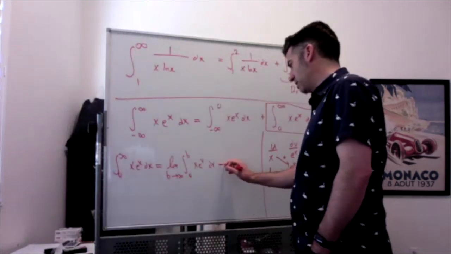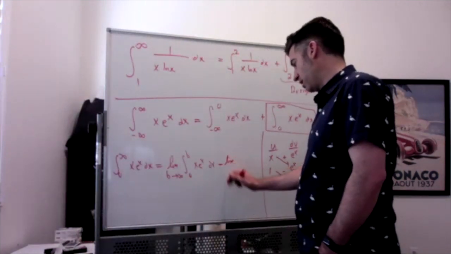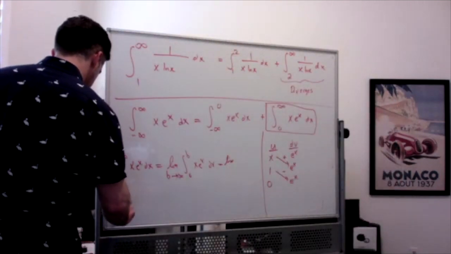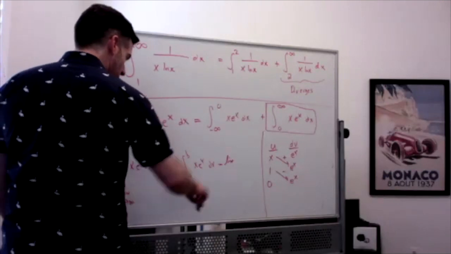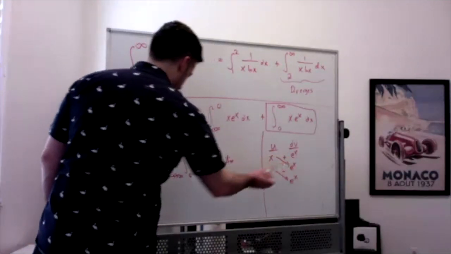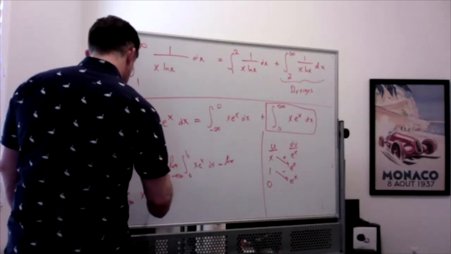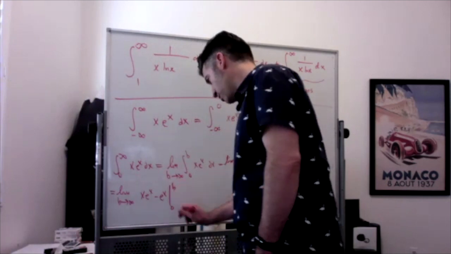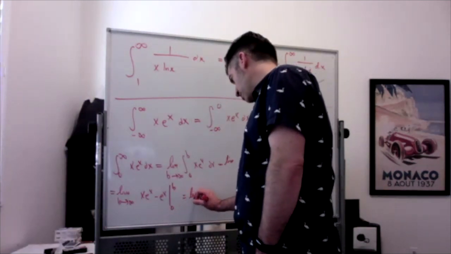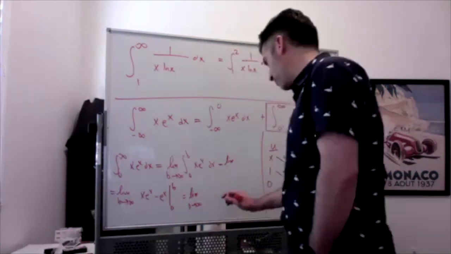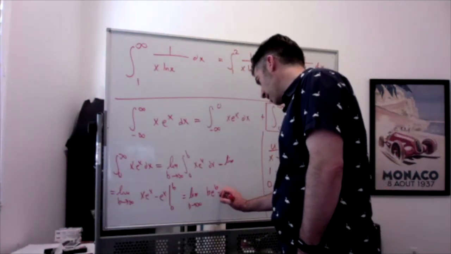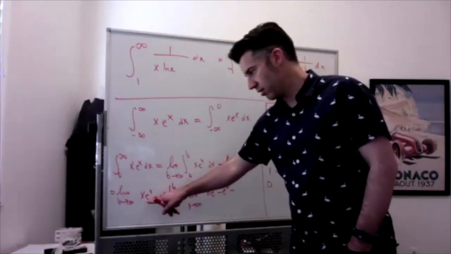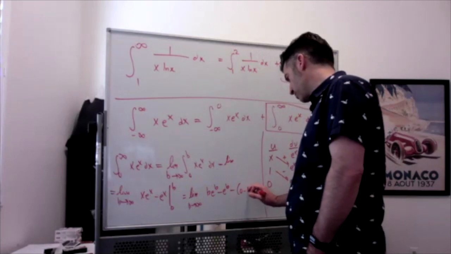That's going to be the limit as b goes to infinity of x e to the x minus e to the x, from 0 to b. Plugging in b, we get the limit as b goes to infinity of b e to the b minus e to the b. And then plugging in 0, you get minus 0 minus 1.